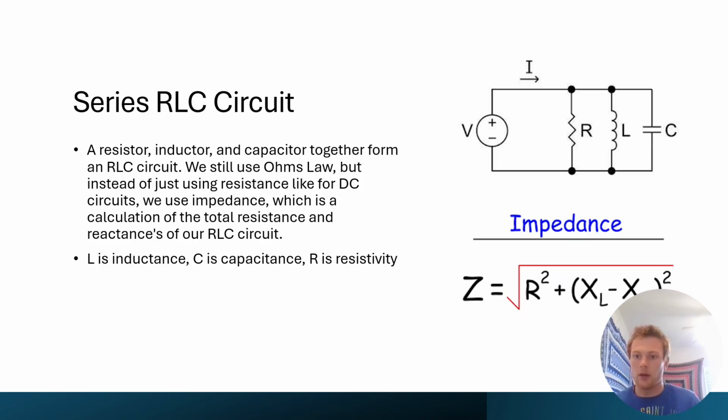This problem was a good showing of how, instead of just V equals IR, it's V equals IZ, and with two different sources of reactance, there comes a phase situation.